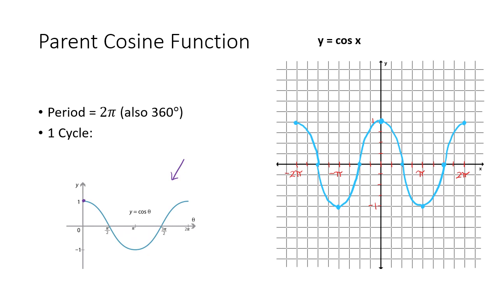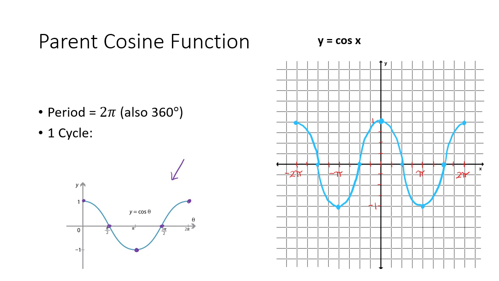Okay, so let's talk about some of our key features that we'll be looking at when we transform this graph. These max points are important points that we'll always be looking for in our cosine graphs. We'll also be looking for this minimum point as well as the x-intercepts.